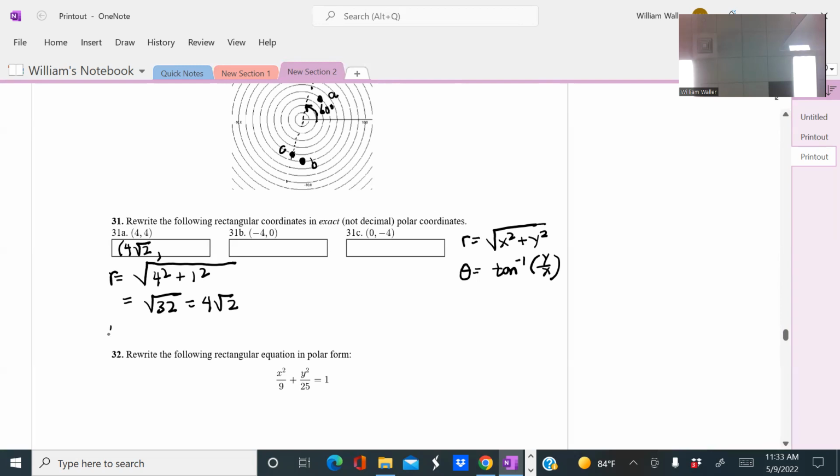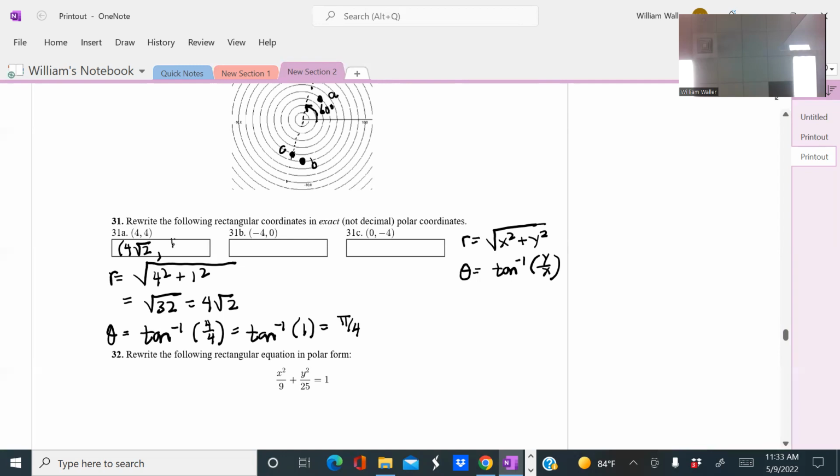Now, what's the theta? It's the inverse tangent of y over x, 4 over 4. So that's the inverse tangent of 1. That happens to be pi over 4. Pi over 4 is the angle whose tangent is 1. Oh, that's nice.